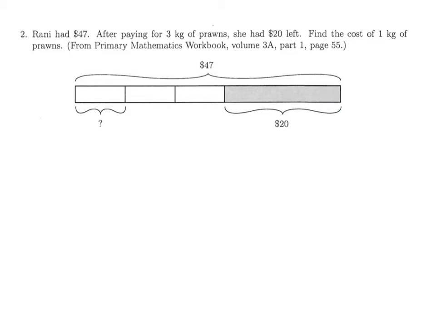To find the amount of money the 3 kilograms of prawns cost, we will need to take $47 and subtract the $20 she had left to get the amount she spent. This will give us $27 she paid for the 3 kilograms.